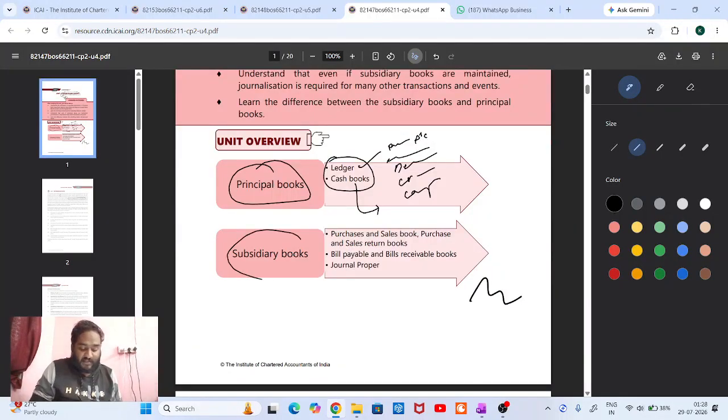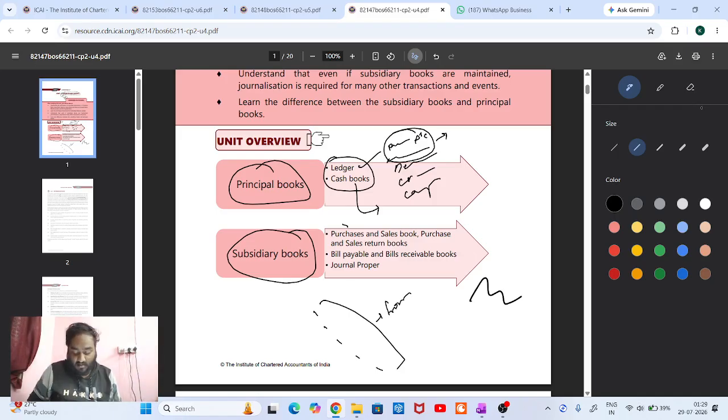And then there are subsidiary books. What do you mean by subsidiary book? Let me put this in another way. For example, there are 10 purchases, 5 purchases from Krishna. So I sold 10, 5 separate goods.